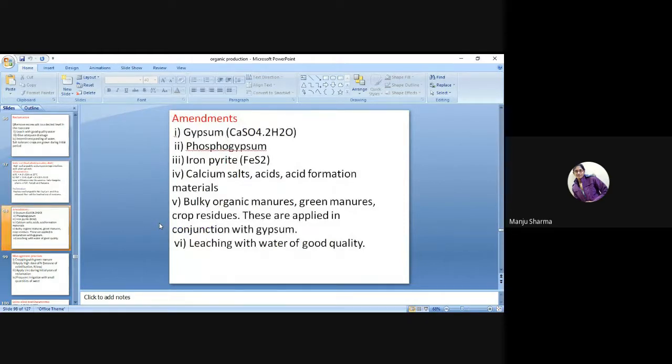The amendments are gypsum, that is calcium sulfate, phosphogypsum, iron pyrite, then calcium salts, acid or acid formation material, and bulky organic manures like green manures and crop residues. These are applied in conjunction with gypsum, followed by leaching with water of good quality.